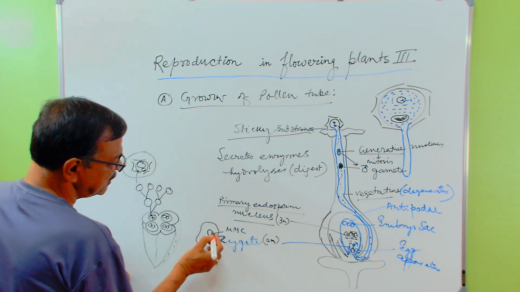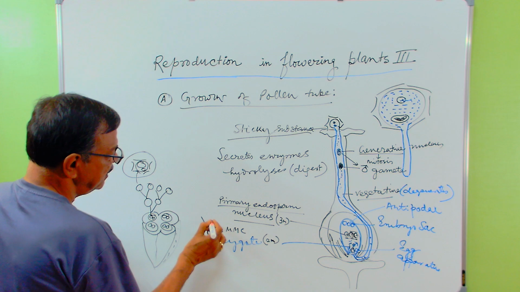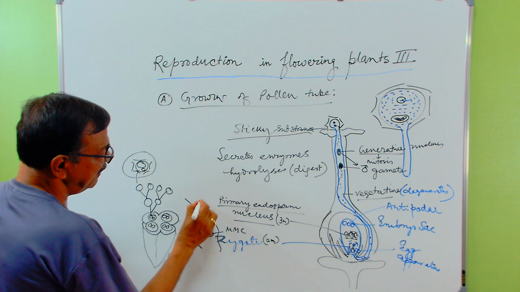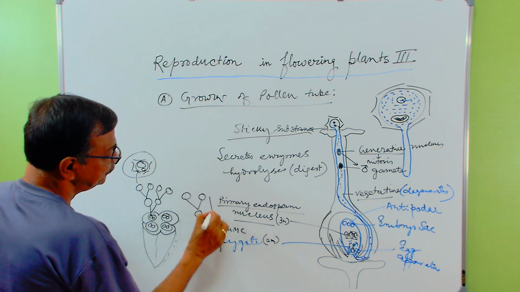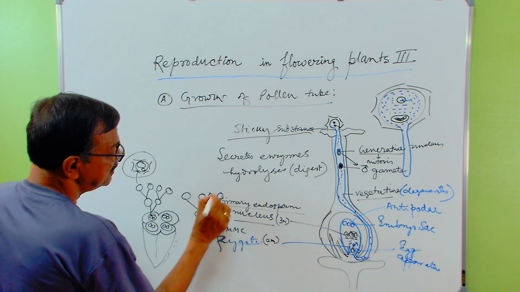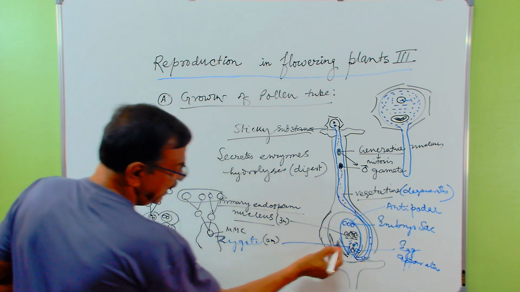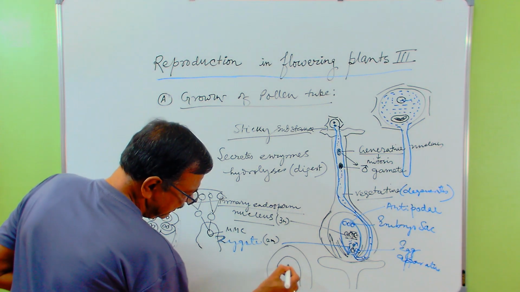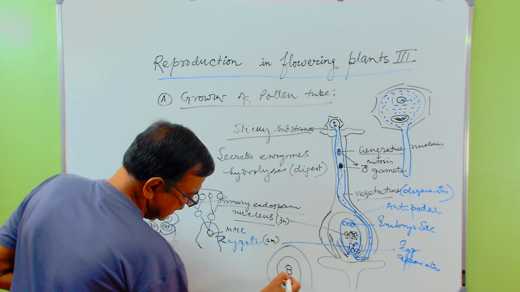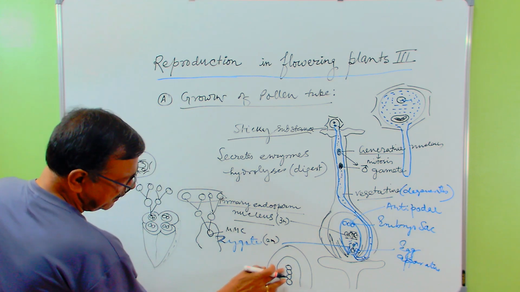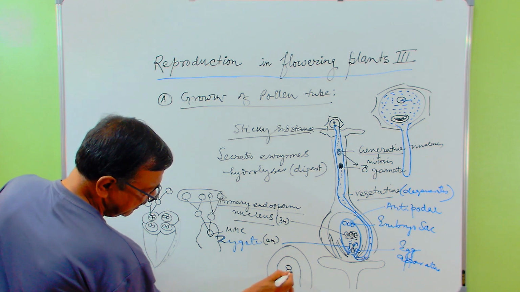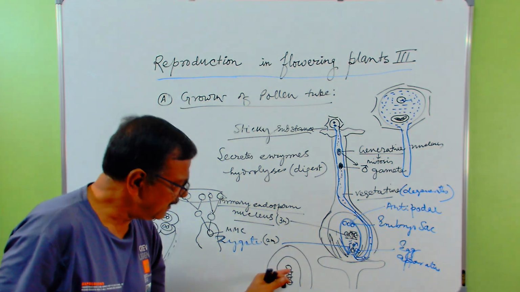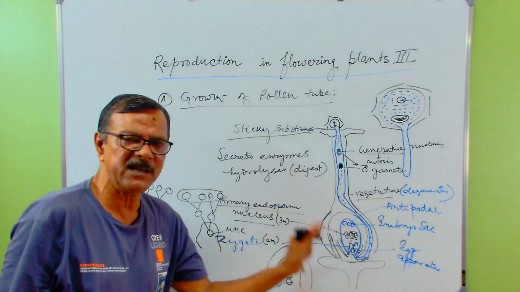Clear? This megaspore mother cell then divides by meiosis and again by mitosis. Here in the nucellus there are 4 cells. They are called a tetrad. Out of these 4, 3 degenerate and 1 becomes the embryo sac cell.